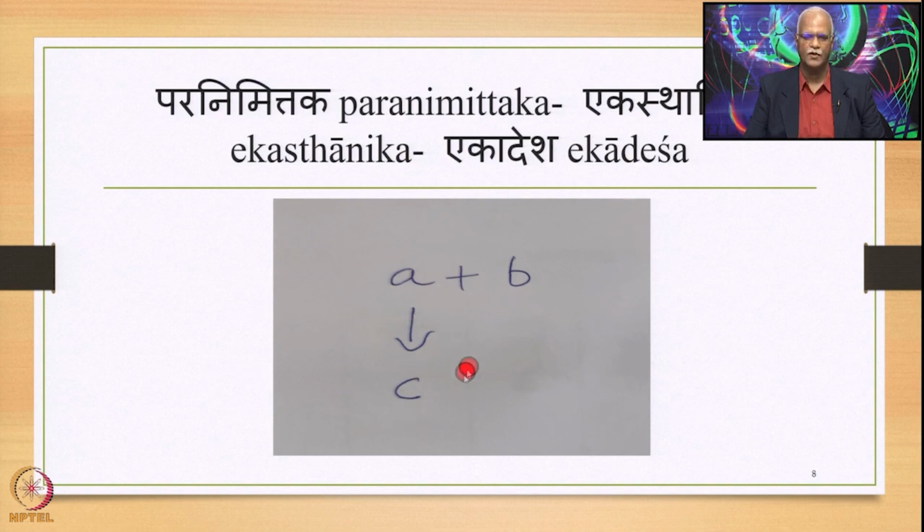So, this Adesha C can be described in the following manner. Para, that is B Nimittaka, A, that is Eka Sthanika, and C, that is Eka Adesha. B is the environment, A is the substituent, and C is the substitute. So, this is Paranimittaka, Eka Sthanika, Eka Adesha. A plus B is the input and C plus B is the output.